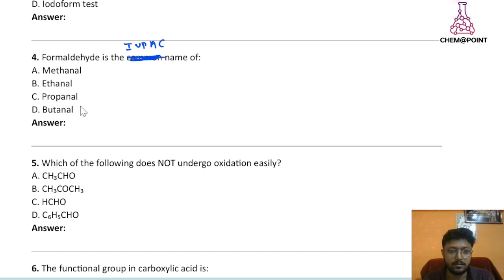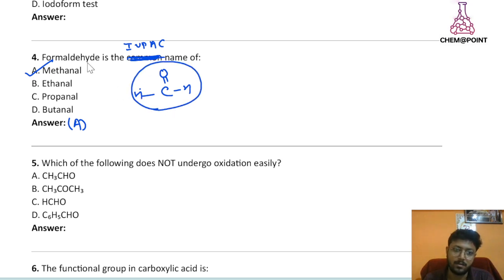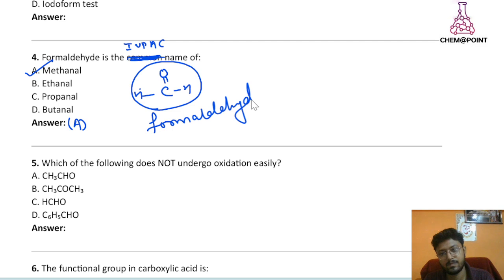Okay. The right answer is A, methanal. Meth means one carbon. Aldehyde, C double bond O, single bond H, single bond H. It is methanal. Right? The common name is what? Formaldehyde. Common name is formaldehyde. Got it?